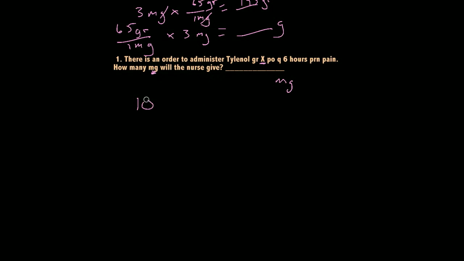So I have 10 grains times for every 1 milligram, I know I have 65 grains. So my grains are going to cancel out. I'm left with milligrams. That's what I was wanting to look for in the first place. So I've set the problem up correctly.